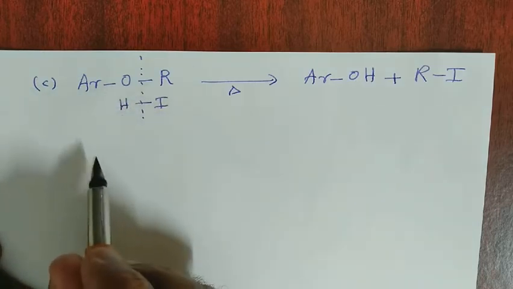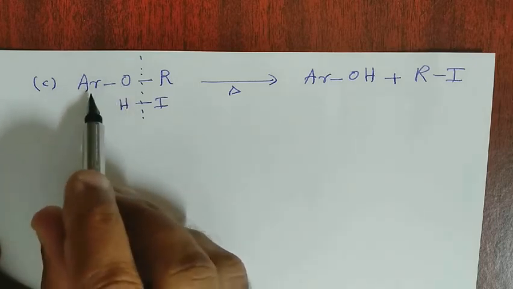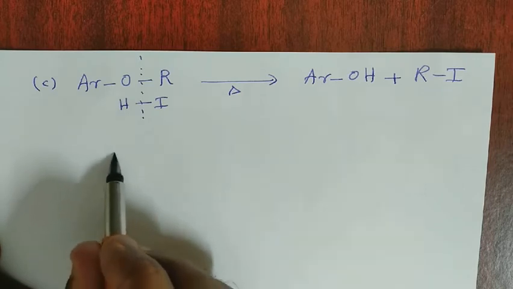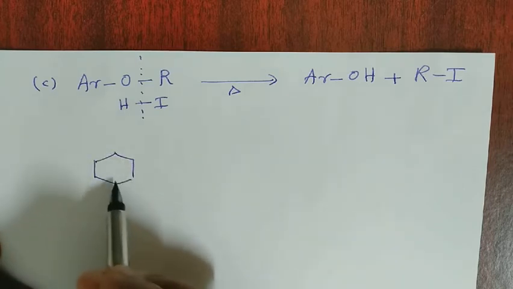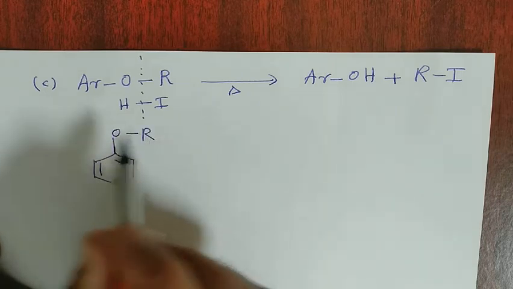The bond between oxygen and the aryl group has a partial double bond character due to the +R effect.